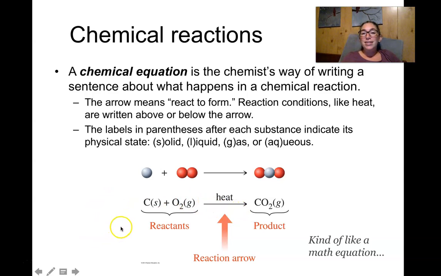And we can read this as a sentence, so we could say the reactants, carbon and oxygen, react to form the product, carbon dioxide. And of course, these little letters in parentheses are there to indicate the physical state of each compound or element. So it's very much like a math equation.